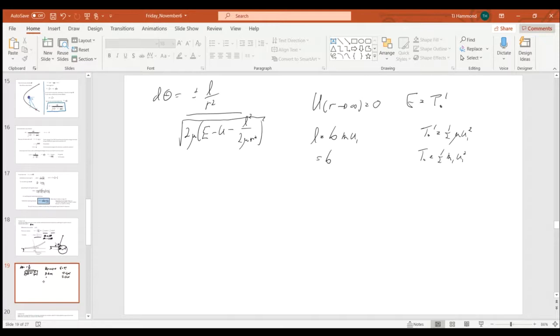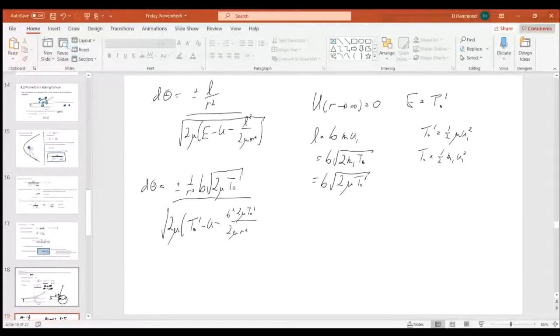So what we get is b times the square root of 2 m1 T naught, and that's equal to b times the square root of 2 mu T naught prime.